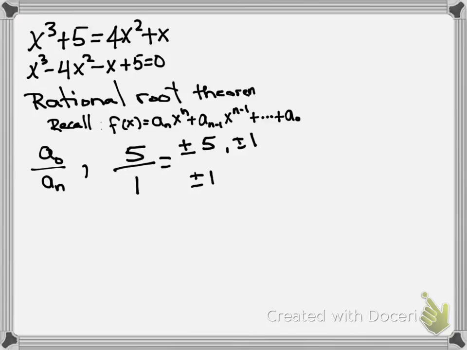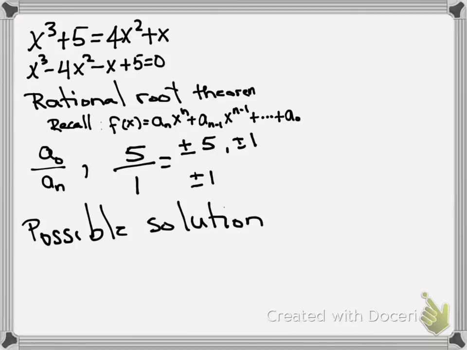So, the possible roots of this particular polynomial would be 5, negative 5, 1, and negative 1.